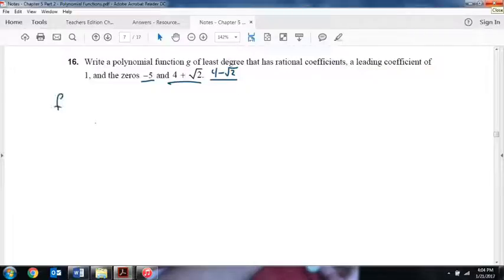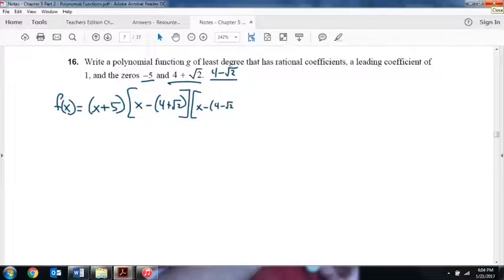So here I got f of x equals x plus 5, because when I set x plus 5 equal to 0, I get negative 5. And then we're going to do x minus 4 plus the square root of 2. And we're going to do x minus 4 minus the square root of 2. All right.